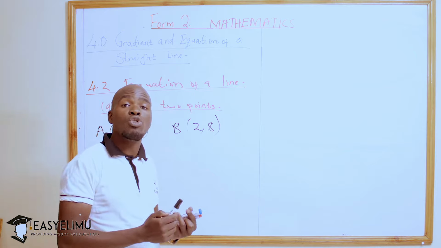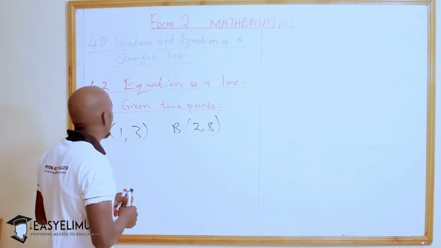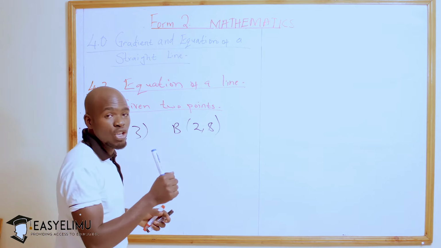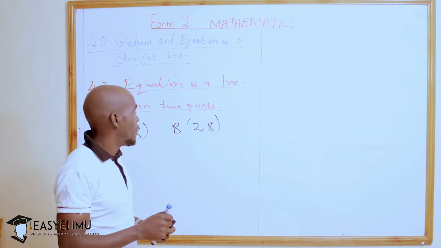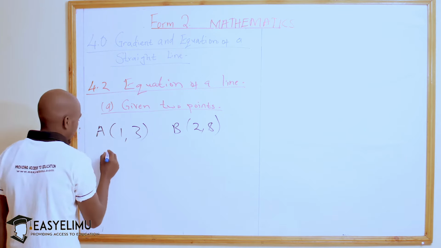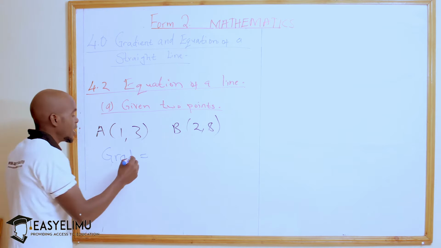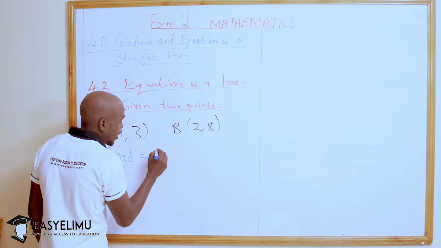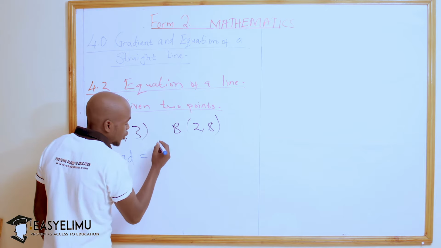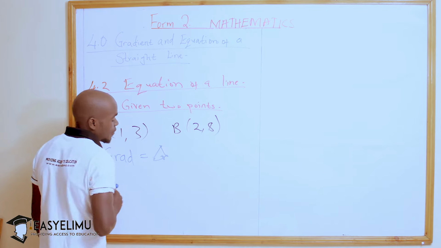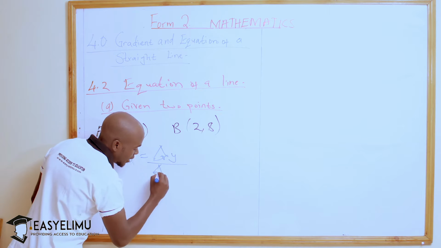So the first thing to do, if you have 2 points and you have been told to calculate an equation passing through the 2 points, is to find the gradient of the 2 points. The gradient will be equal to change in y over change in x.